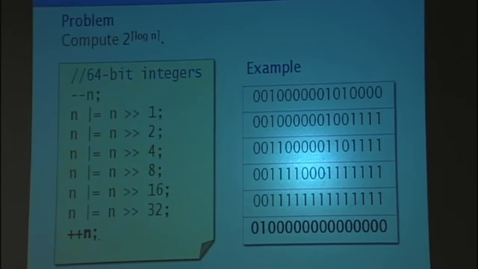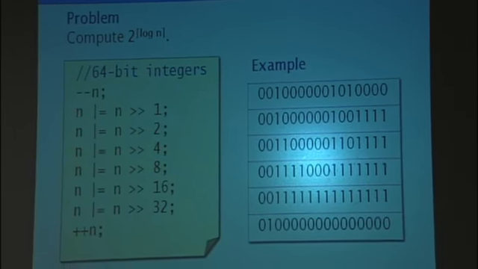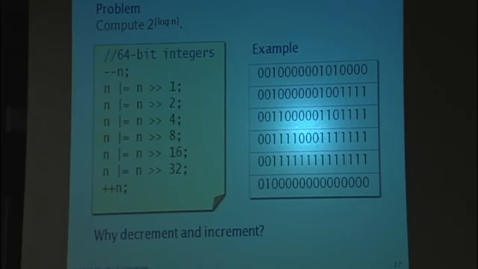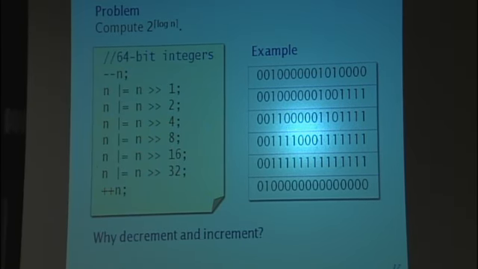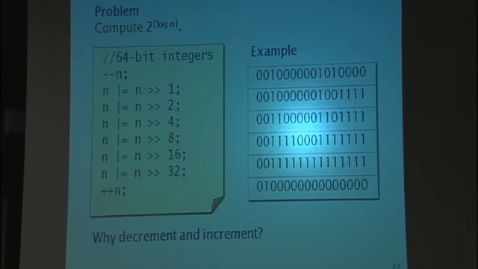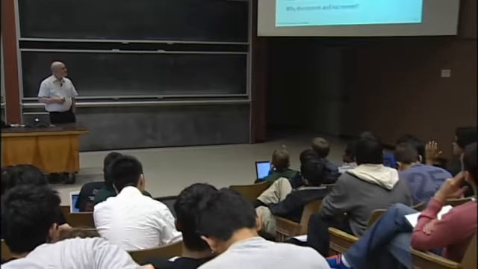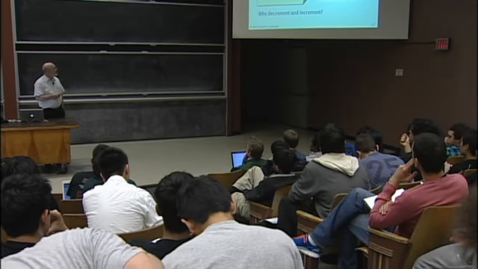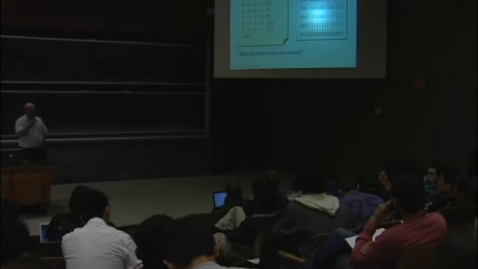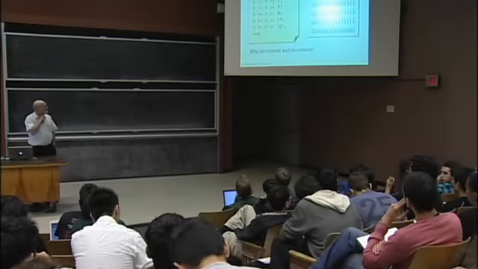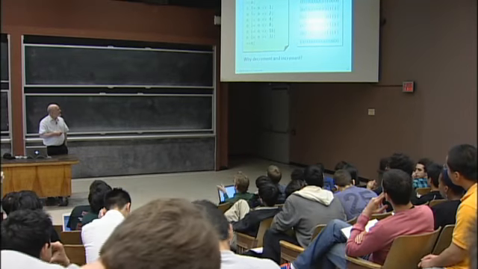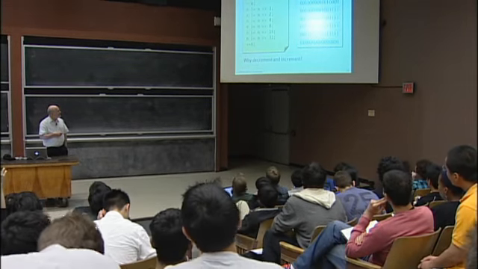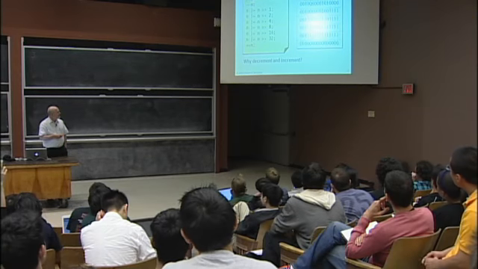So why did I decrement here and then increment there? What's the decrement for?